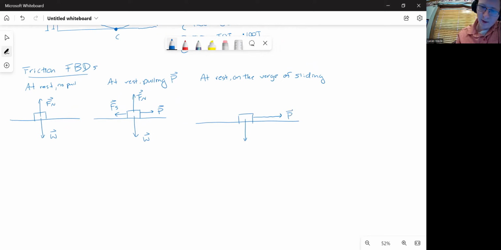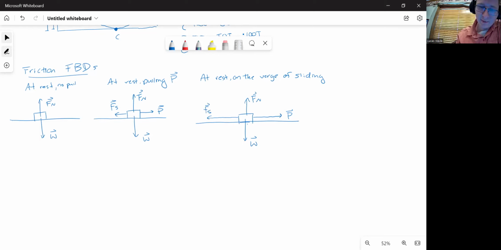So we pull hard enough. That's the most friction that that surface can apply, and the block. Get the normal force, weight. Okay, so what do we label this friction vector over here? Static friction.